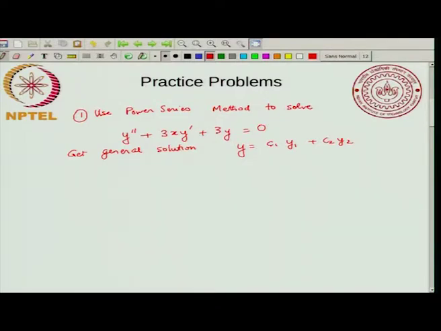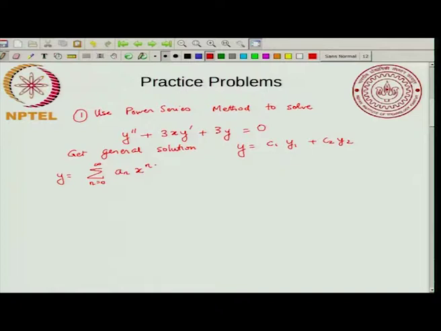Let us start working out the method. If you want to solve this, you start with the trial form y equal to sum over n equal to 0 to infinity a n x raised to n.